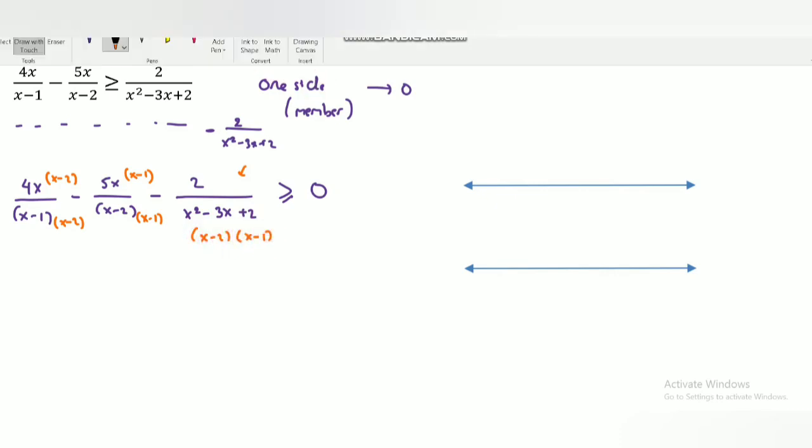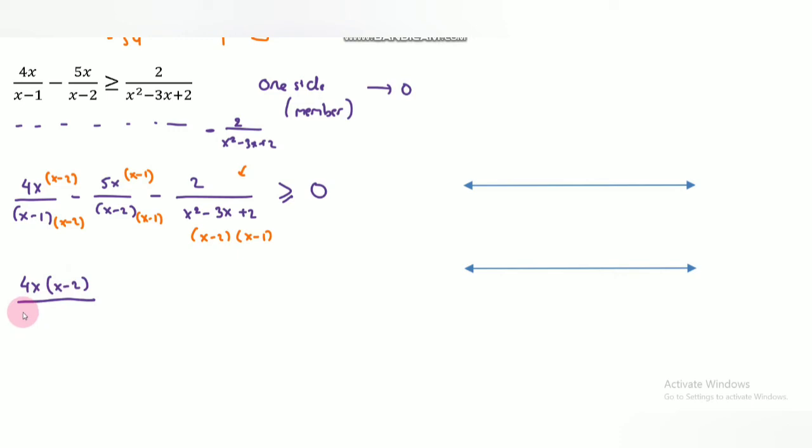So in the end, I will have 4x times x minus 2 over x minus 1 times x minus 2, minus 5x times x minus 1 over x minus 1 times x minus 2, subtracted by 2 over x minus 1 times x minus 2.